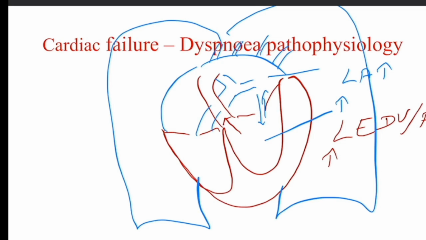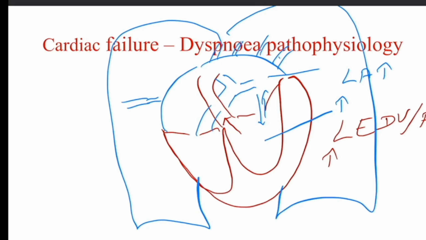In the venous end, so this is the pulmonary vein, the venous end of the capillary, the pressure increases. That is, the pulmonary venous pressure is increasing, so naturally the venous end of the capillary also pressure must be high, there is a back pressure.